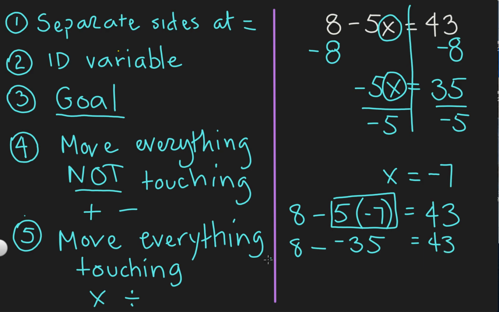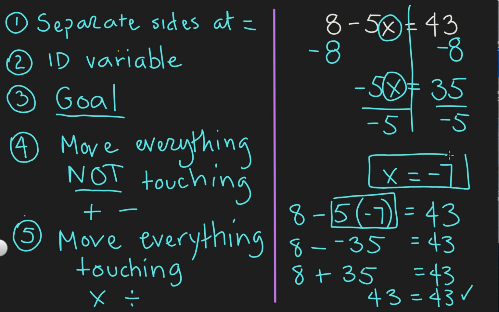Make sure you copy the rest of the problem. Then we do our keep, change, change. And 8 plus 35 is 43. Because that's true, I know that my solution is x is equal to negative 7.